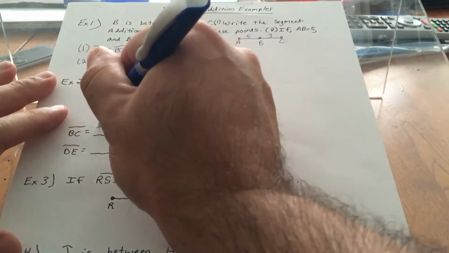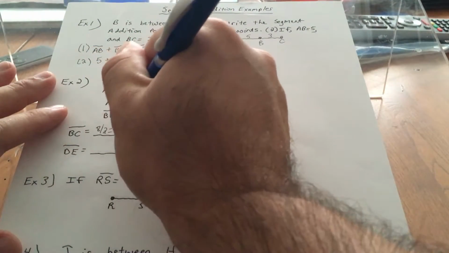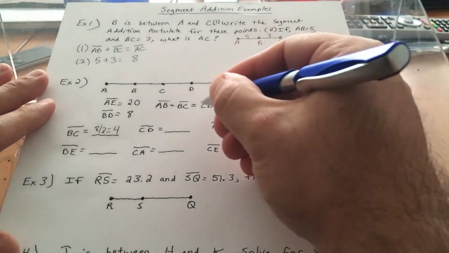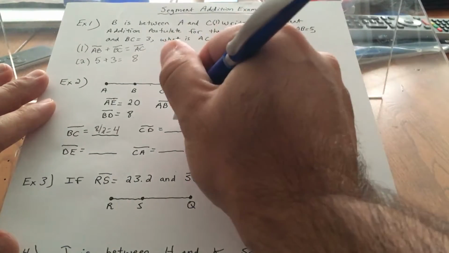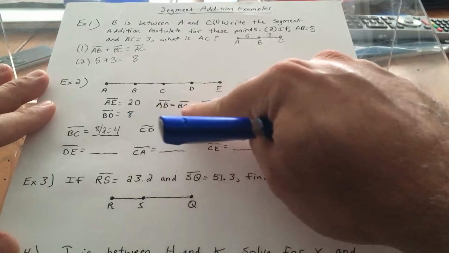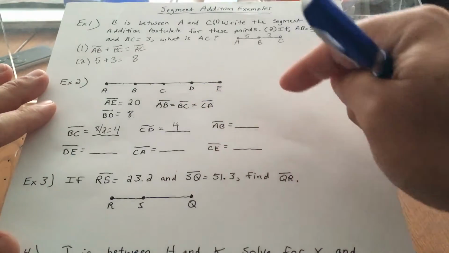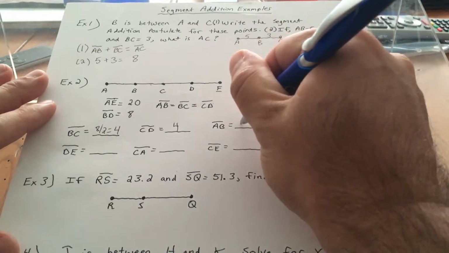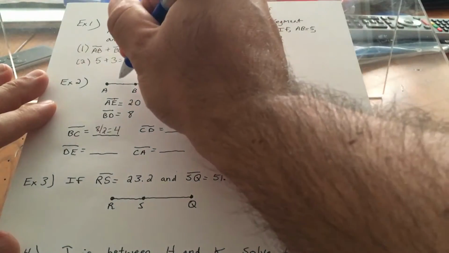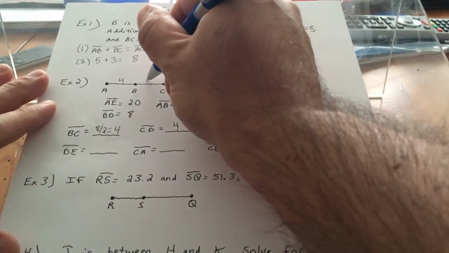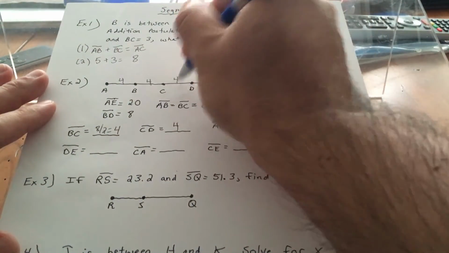So BC is 8 divided by 2, which is 4. That means that CD is also equal to 4 because of this statement right here. And that means that AB is also equal to 4. So we know that AB is 4, BC is 4, and CD is 4.